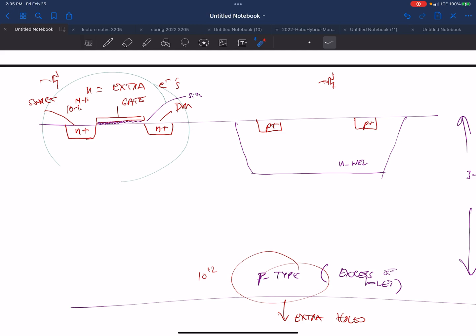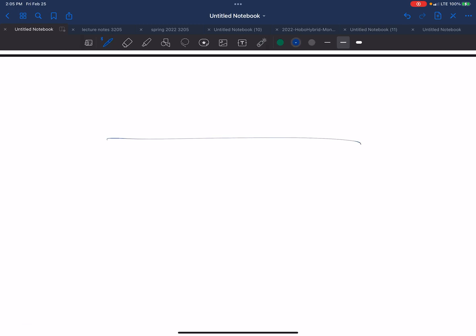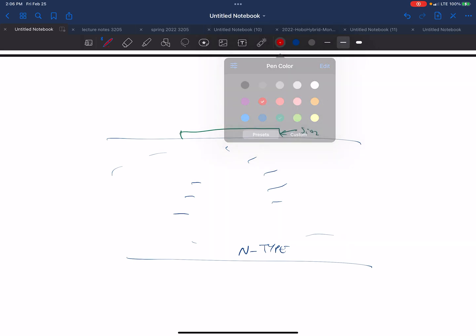Okay, so remember we've got a CMOS process, so we need PMOS transistors as well as NMOS. I just told you guys how we can get an NMOS. How do we get a PMOS? Well, PMOS works the same way except in reverse. So imagine if I had an N-type material with a lot of extra electrons, and then I had my gate oxide, and then I had my gate.